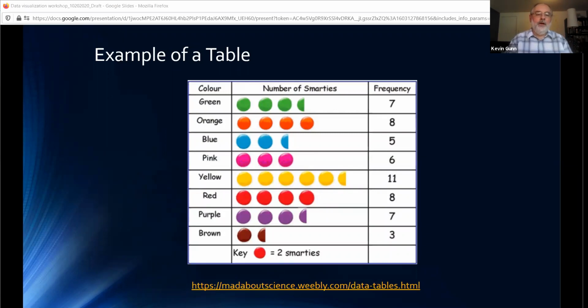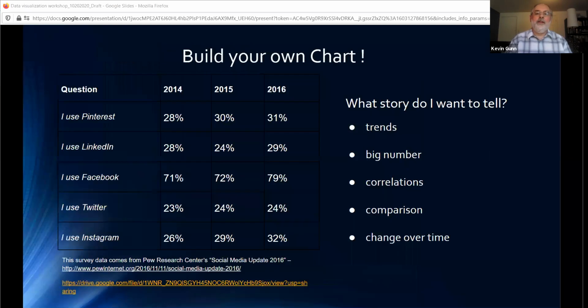All right, our next slide is build your own chart. And Julie's going to send out in chat a nice little handout. What this chart demonstrates is from the Pew Research Center, and they are surveying social media habits. They've done it for a number of years now.